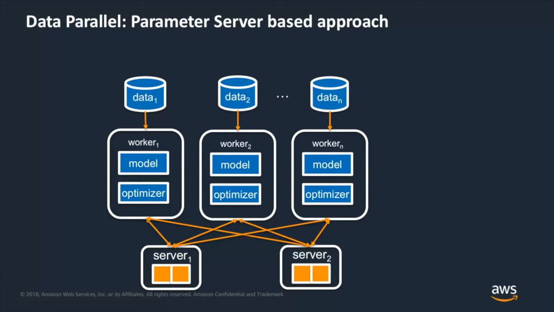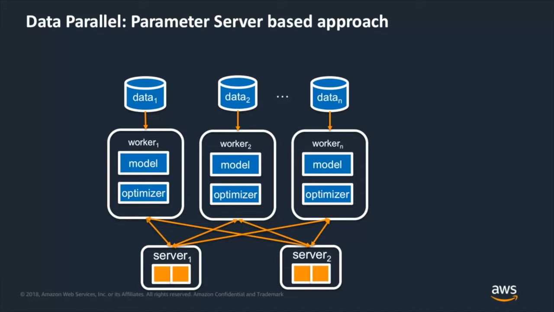The problem of the parameter server-based approach, as you can see, is that there are so many communications between workers and parameter servers. For example, if we are given 25 million parameters, and let's say each parameter is a float 32 number, it takes 4 bytes. Then the total amount of communication is 100 million bytes of data.